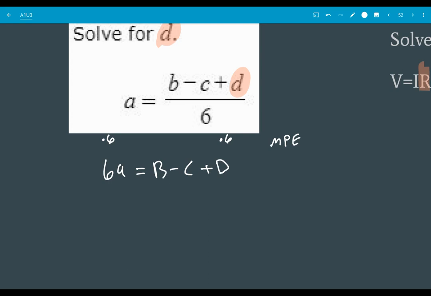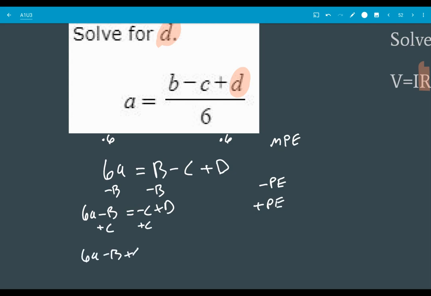We're solving for d, so everything else has to move. So we're going to use the subtraction property of equality, and I'm going to subtract b from both sides. Then I use the addition property of equality and add c to both sides. There we go. 6a minus b plus c equals d.